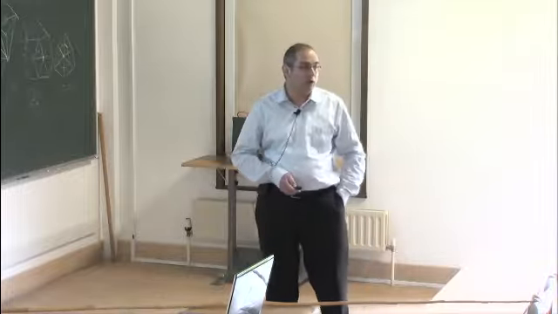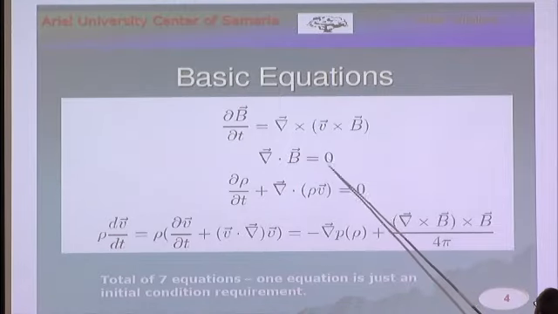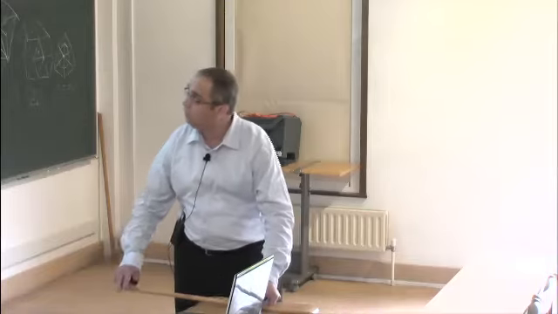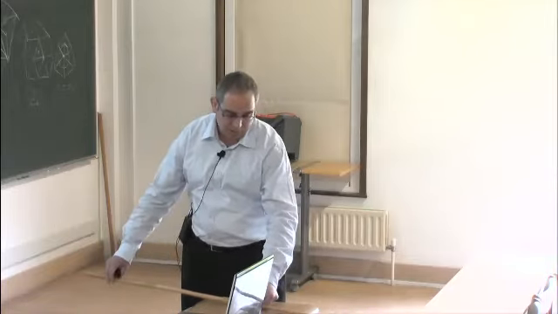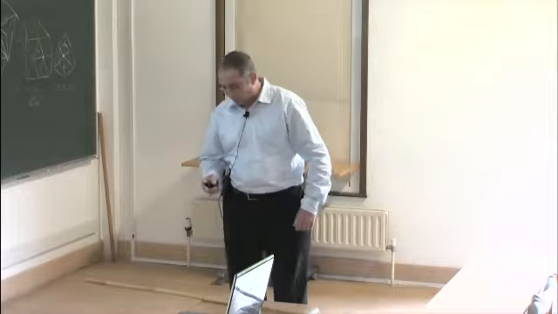Now, here are the equations. Those are really 7 equations, although if you count 8. But the div B equation is just really a kind of initial condition. Once this is satisfied at time t equals naught, then the equation above it takes care of its satisfaction at all times.